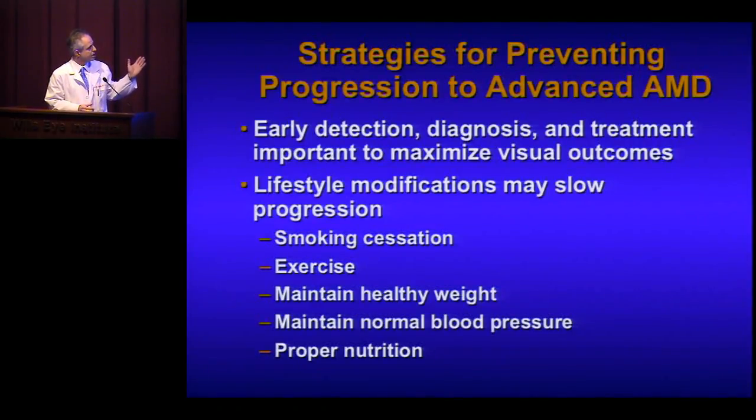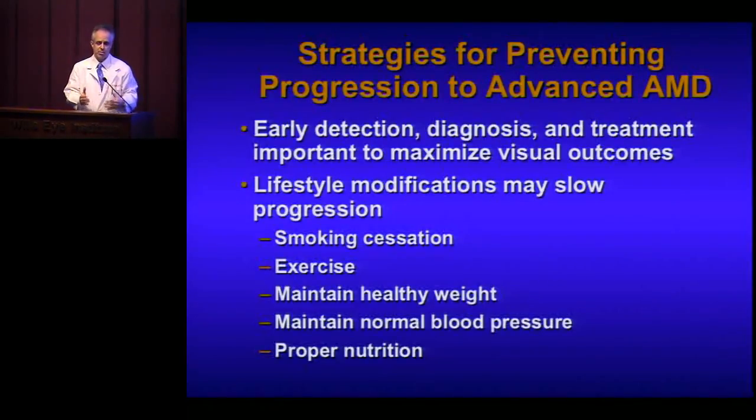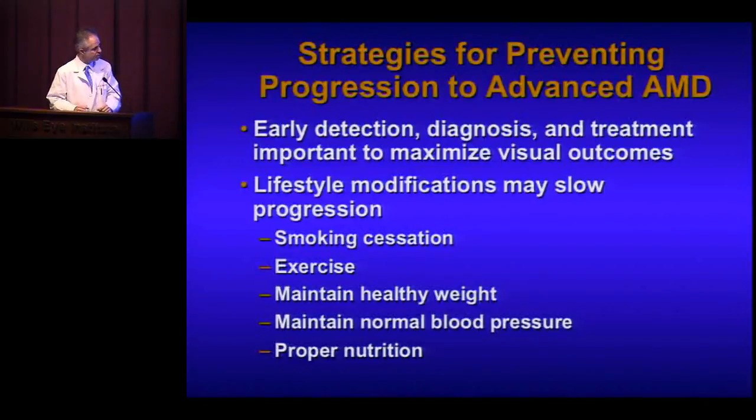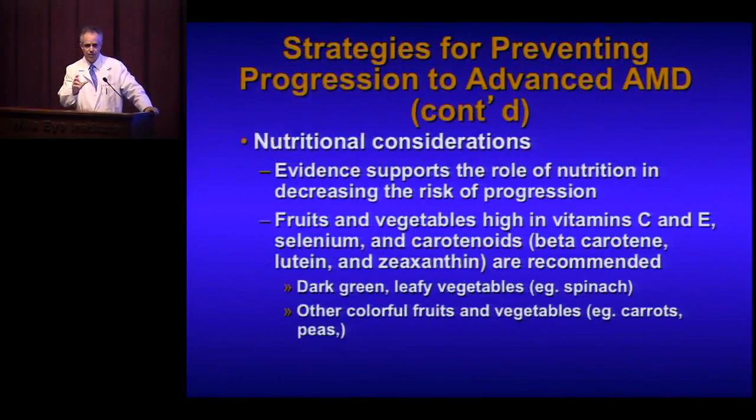But lifestyle modifications, it makes sense, although this is not technically proven. We have no prospective study that says you stop smoking, you start exercising, you eat better, your course of AMD is likely to be better. But it makes sense. And from a general health standpoint, of course, this all is important. If they smoke, stop smoking, exercise, maintain a healthy weight and diet, and along with a normal blood pressure, all potentially could have a beneficial effect on a patient's course.